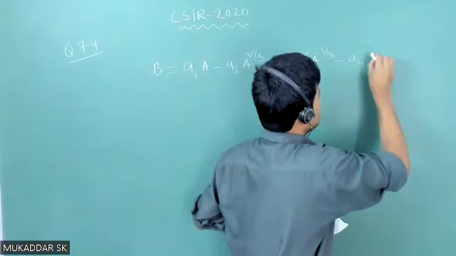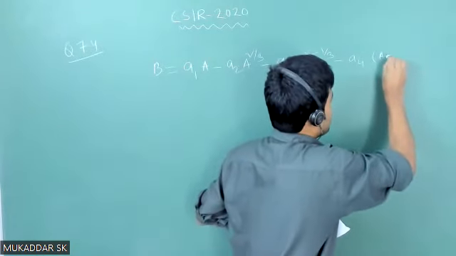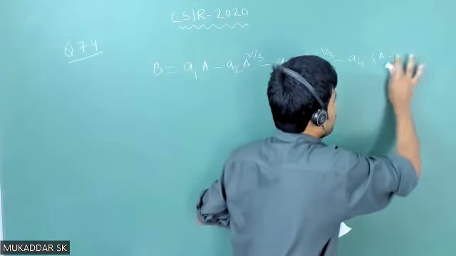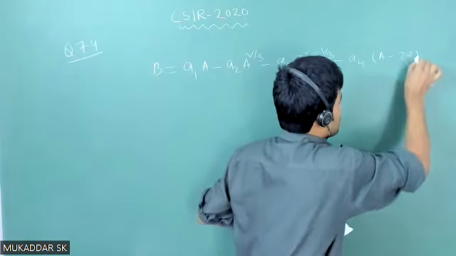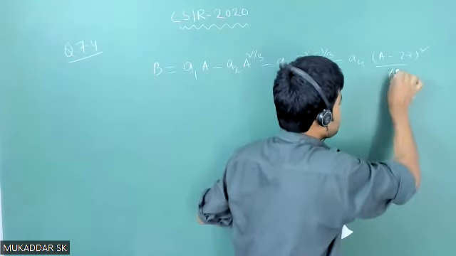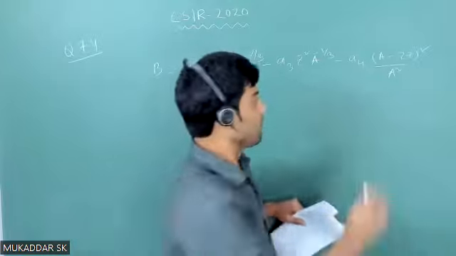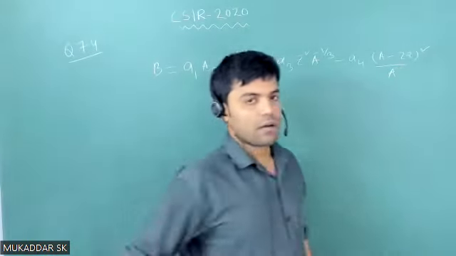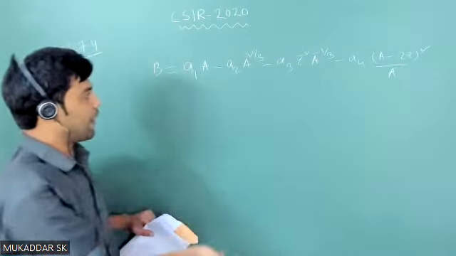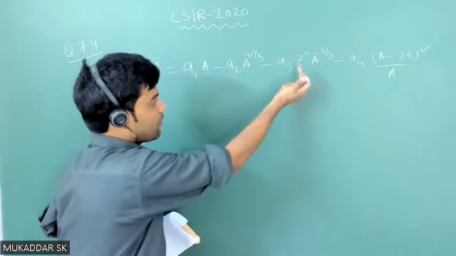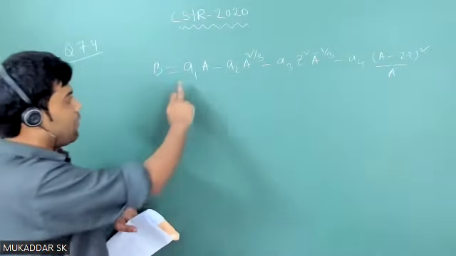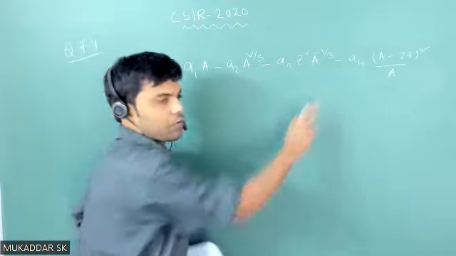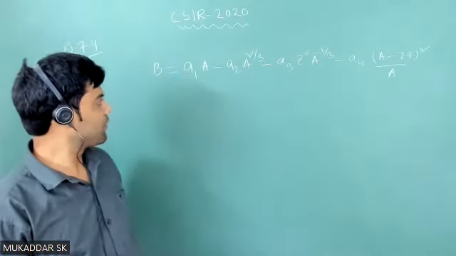The binding energy formula is B = A1 A − A2 A^(2/3) − A3 Z² A^(−1/3) − A4 (A − 2Z)² / A. This is the binding energy formula for a nucleus having mass number A, atomic number Z. And A1, A2, A3, A4 are the constant coefficients that you know.